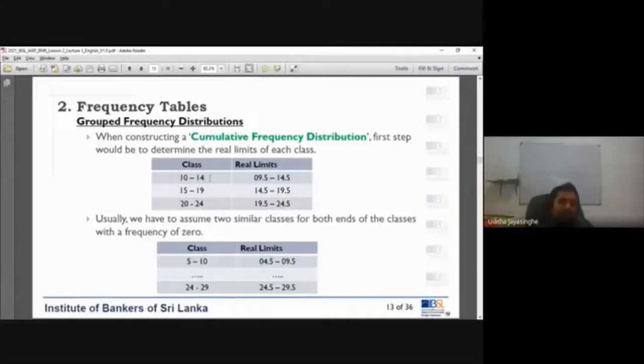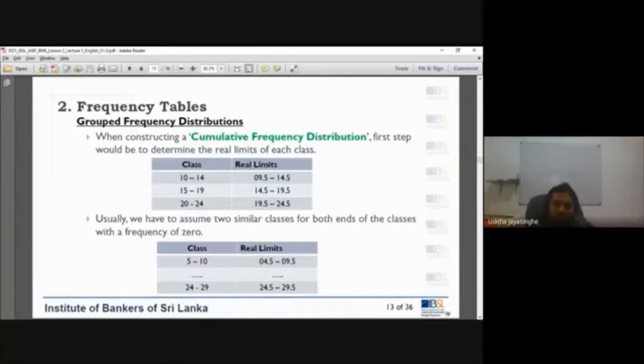This example doesn't really have decimal numbers, but the practice is always to identify the real limits, although the class intervals are represented with whole numbers, in cases where decimal numbers could be assigned to these classes later.